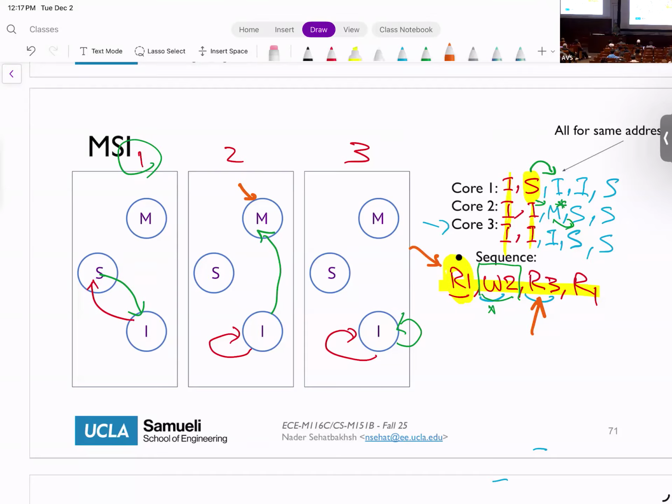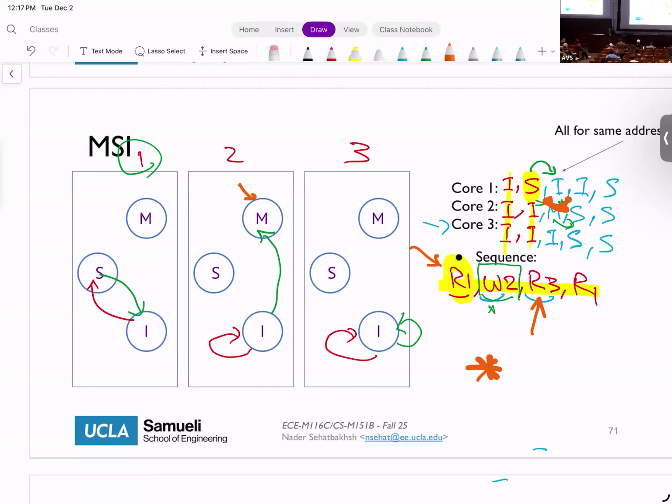So once the read from core 3 is broadcasted, core number 2 will intervene. What it does is tell the main memory, don't forward the value yet. I have the modified value. Let me update the content of the memory first, then you forward the value. So there will be a write back happening here, which we usually show with a star, for example. This is just an arbitrary syntax.